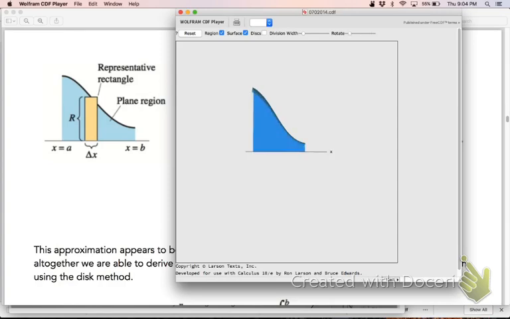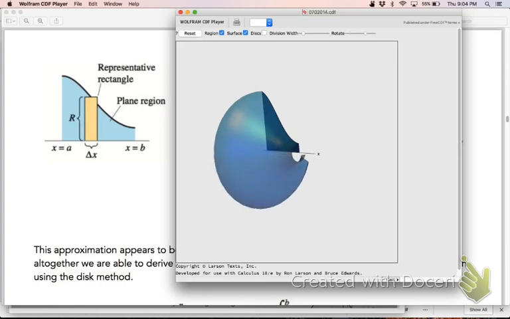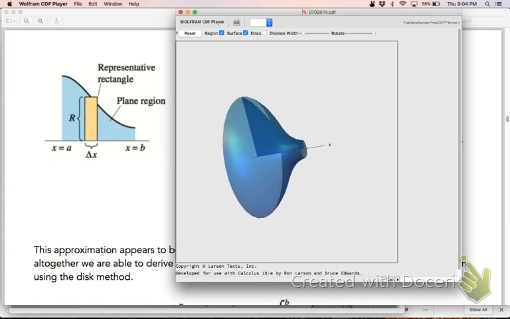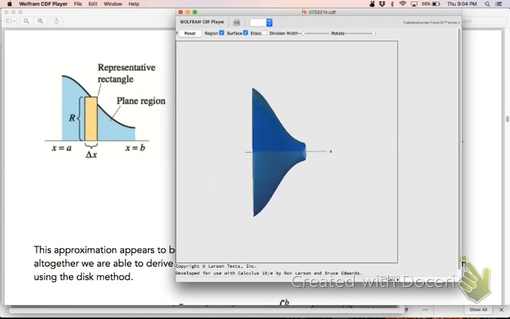Now let me angle this here so you can sort of see what's happening. This is when it's flat, and then we're going to take this flat surface and rotate it around the x-axis, creating this solid that looks kind of like a funnel or a cone or something like that, okay?